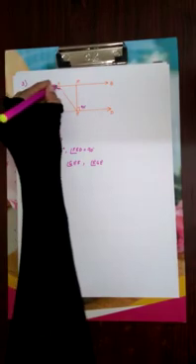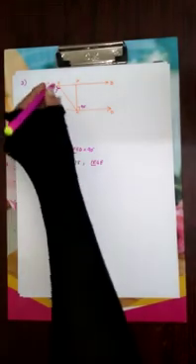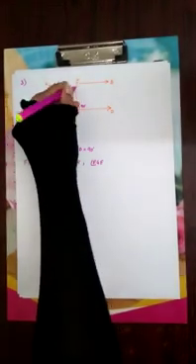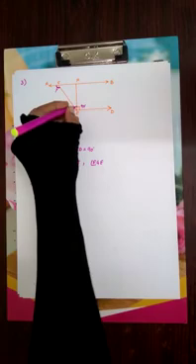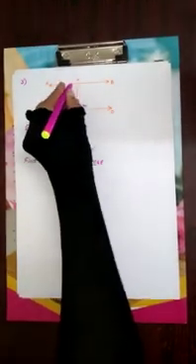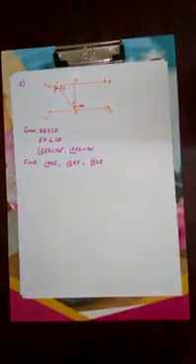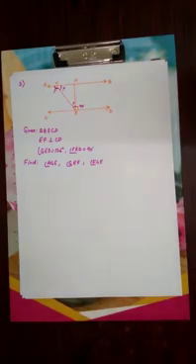This angle we have to find. Angle GEF, this angle we have to find. And angle FGE, this angle we have to find. We have to find these three angles. Okay. Let us start solving.